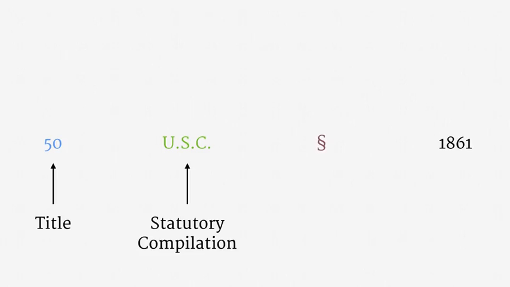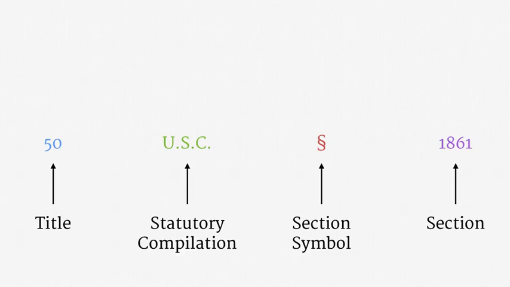Going back to the right, there's this squiggly S thing. That's just a simple symbol that means section. Finally, on the far right is the number 1861. That's the specific section number. So, putting it all together, this is Title 50, Section 1861 of the United States Code.